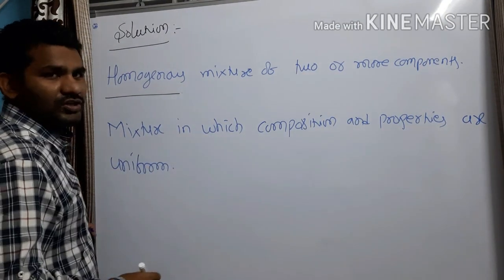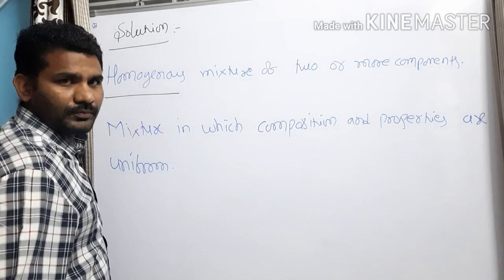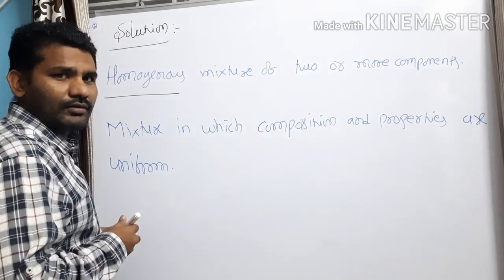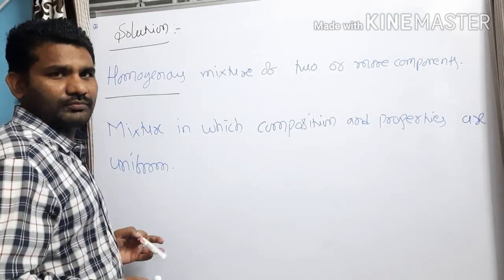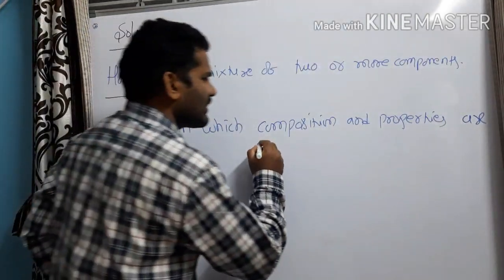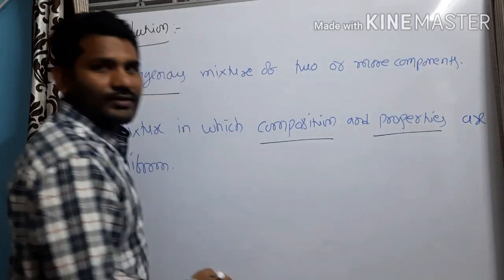Then we say that mixture is a uniform mixture. What do you mean by that? That means if you consider any part of the mixture, their properties and composition remains same.